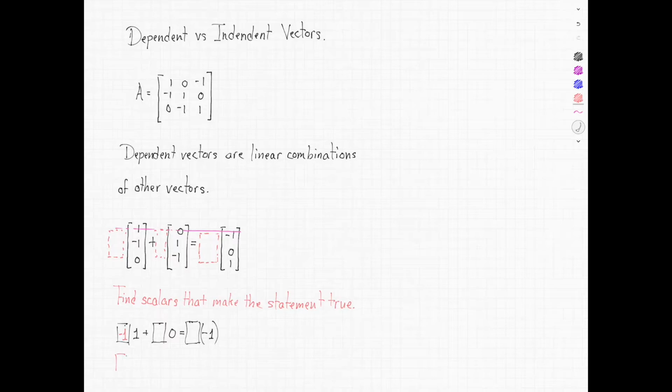So the second row says that some scalar times a negative 1 plus some scalar times a 1 has to equal some scalar times a 0. Well, notice that I already put that first negative 1 in there.